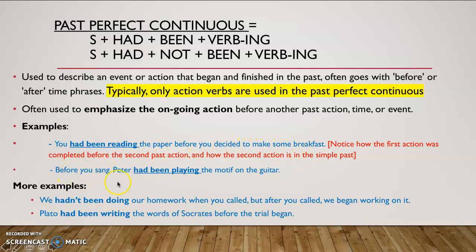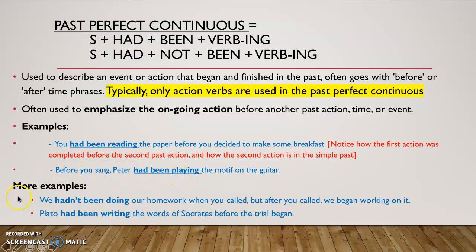Or, before you sang, Peter had been playing the motif on the guitar. Again, as I'm saying it, I'm going to reduce the auxiliary verb "had" down to just a "d," so it could sound like: before you sang, Peter'd been playing. Okay, Peter'd been playing.